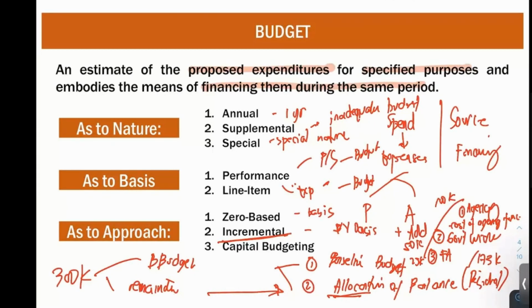So your remainder is 125,000. You will now allocate it to your different programs or activities. Again, in zero base, there is no basis; in incremental, it is the previous year plus you add something.